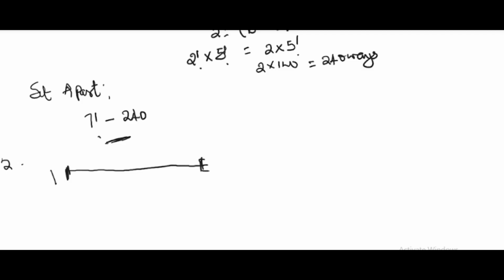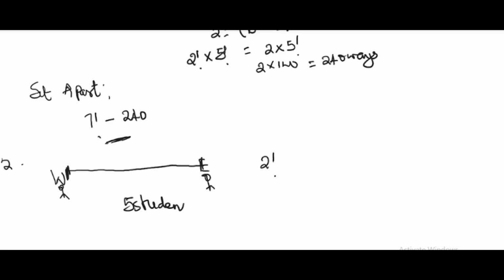Good. Now we have 2 students to sit at these 2 ends. Either the first student is sitting here at the west and the second student is sitting here at the east, or the other way round, and that is 2 factorial, right? Good. Now 2 of them must stay at both ends. Remember, we have 5 students.